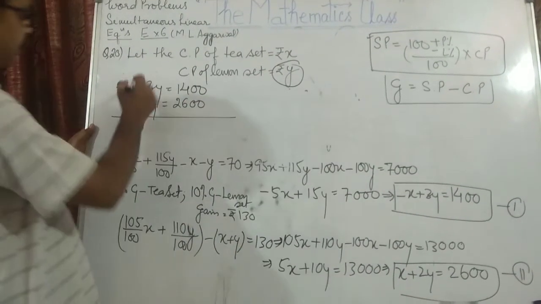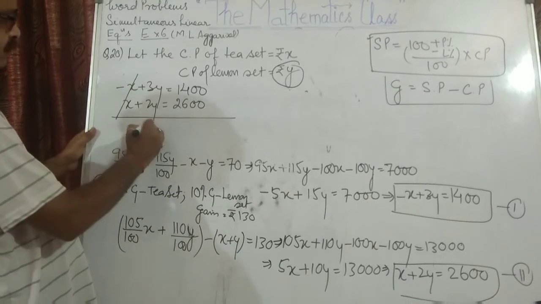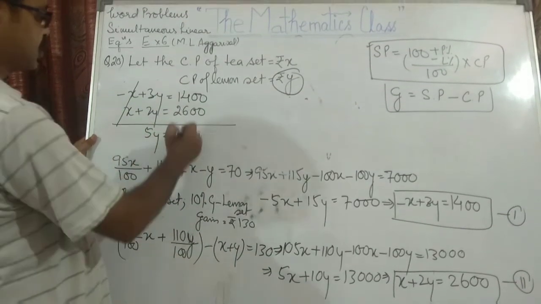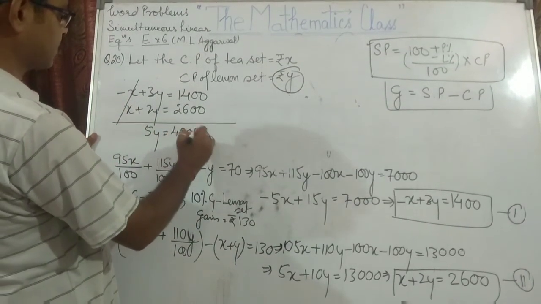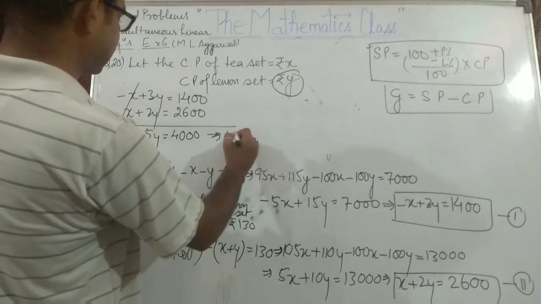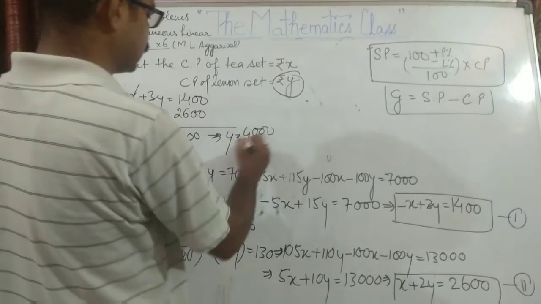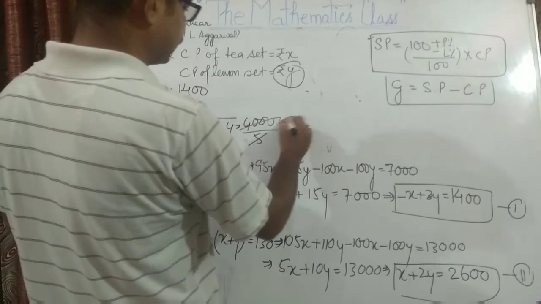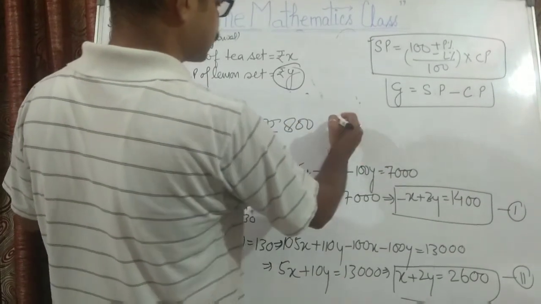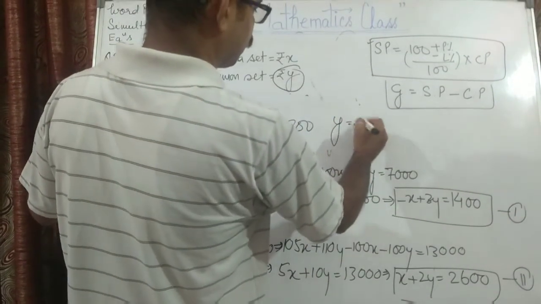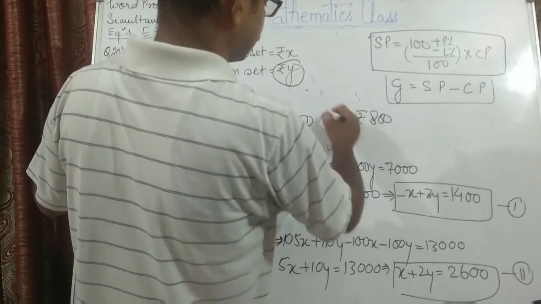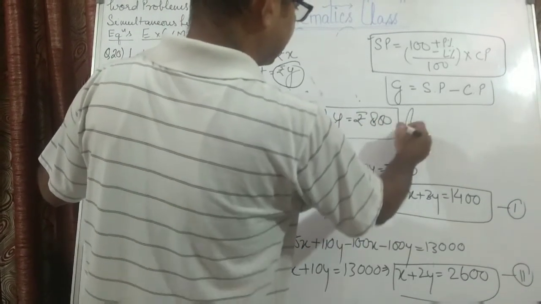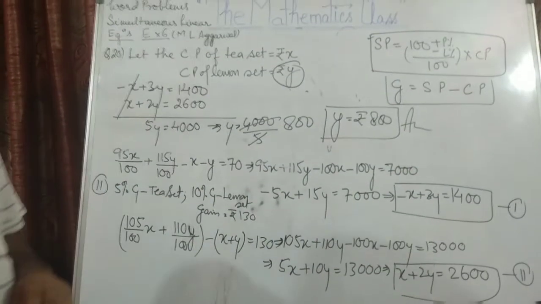When you add them, minus x and plus x will cancel. This will become 5y is equal to 4000, which implies y is equal to 4000 upon 5, that is 800 rupees. It means the cost of the lemon set is rupees 800. That is the final value.